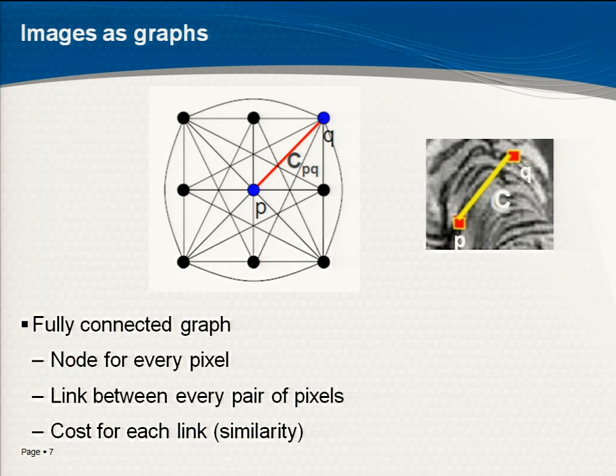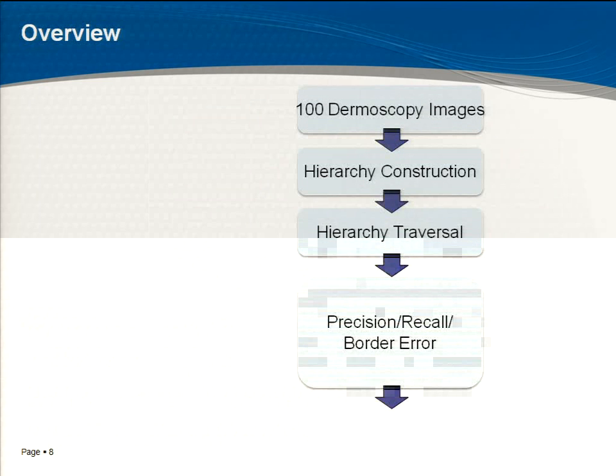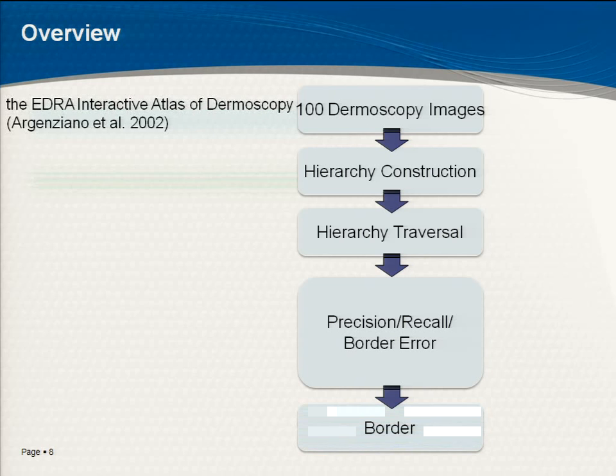Note for each and every pixel the corresponding node. So for each and every pixel there is a link with the cost as similarity between the pixels.